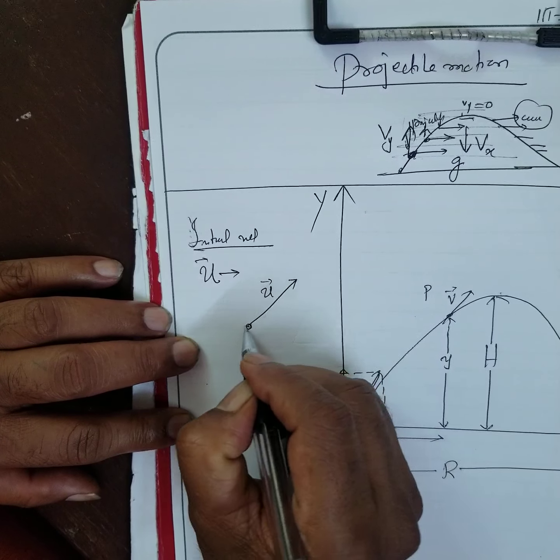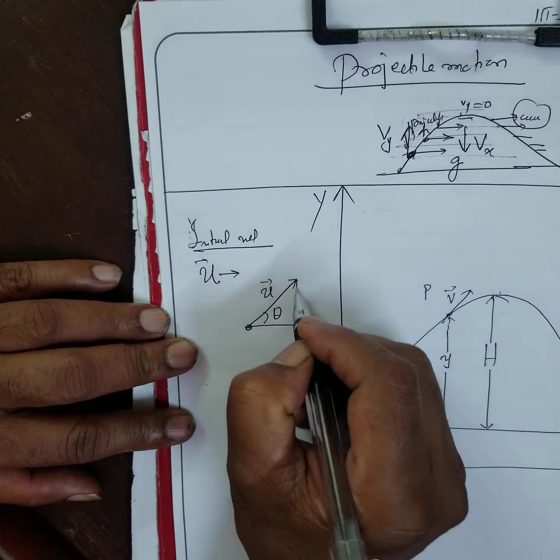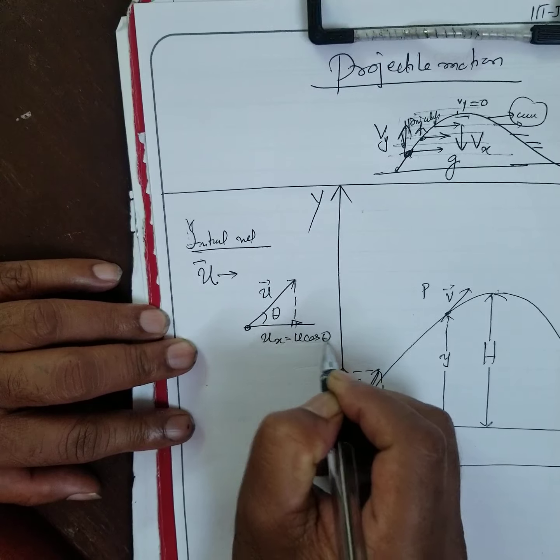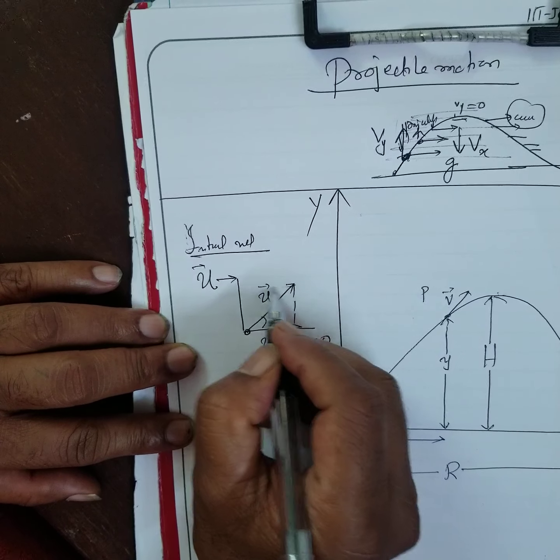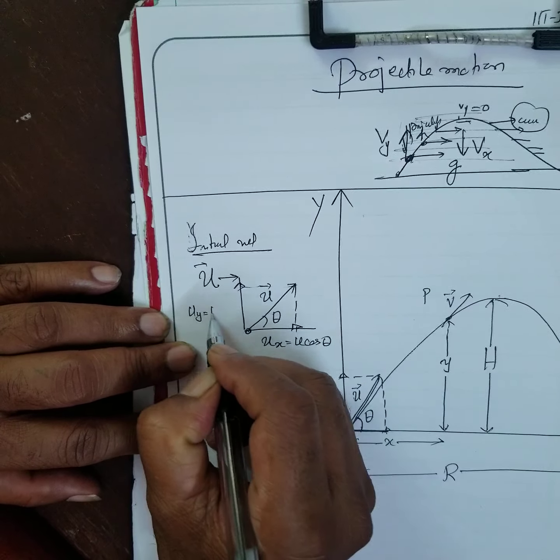This is u, this is theta. Ux is equal to u cos theta, and uy is equal to u sin theta. Therefore, you got your ux and uy: ux is u cos theta, uy is u sin theta.